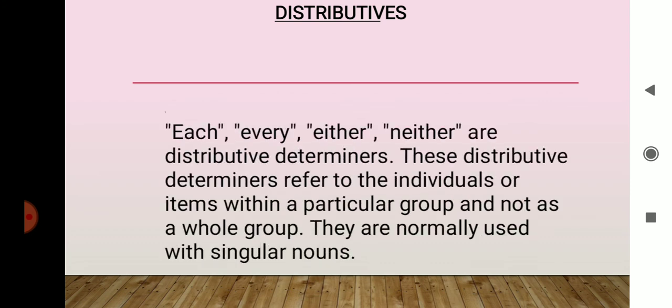Our next type is distributives. Each, every, either, neither are distributive determiners. These distributive determiners refer to the individual or items within a particular group and not as a whole group. They are normally used with singular nouns.